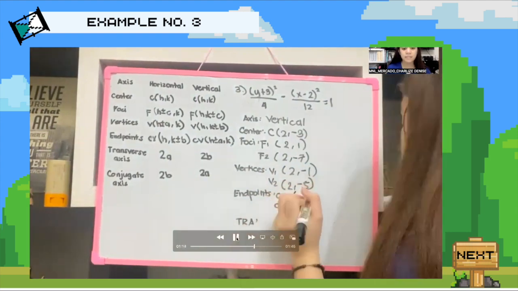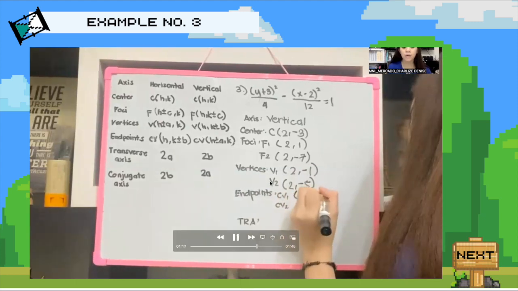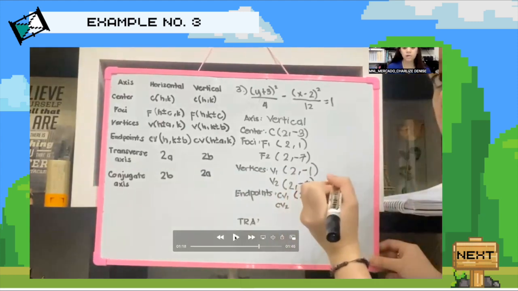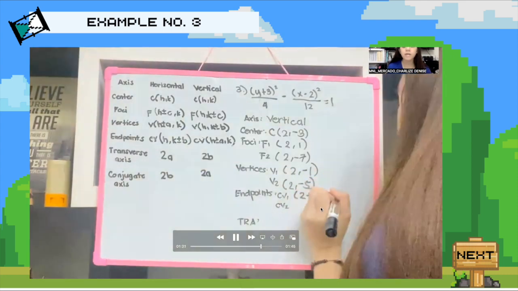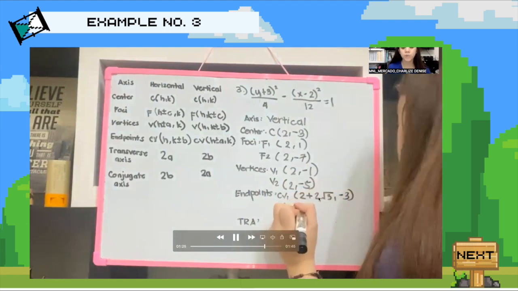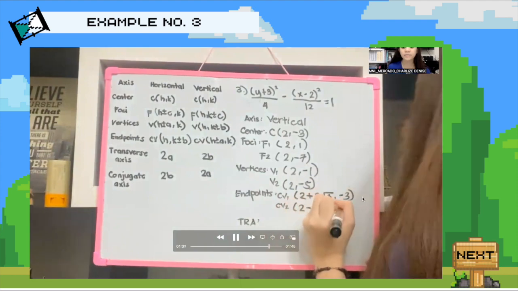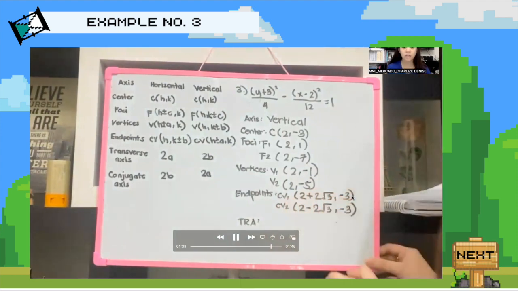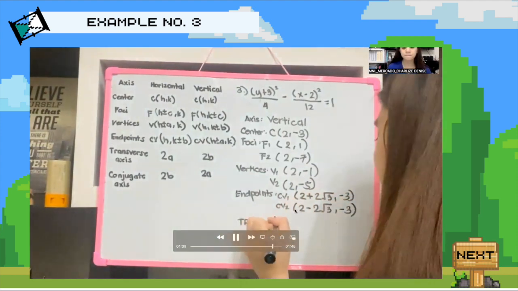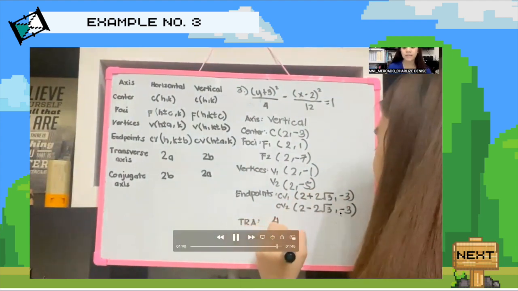For our endpoints, we have h, positive negative a, comma, k. So our endpoints are 2 plus 2 square root of 3, since this is the square root of 12, comma, negative 3, which is the value of our k, and 2 minus 2 square root of 3, comma, negative 3.